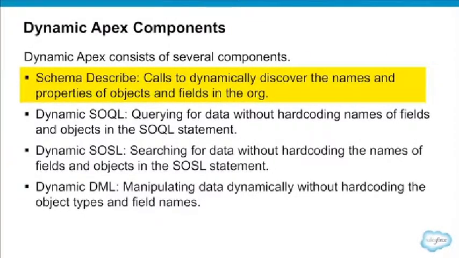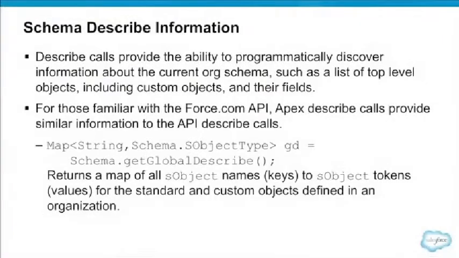Those two aren't too different from what we've already talked about, but schema describe is something we have not talked about. Schema describe is for programmatically inquiring about your data model. It gives you the ability to return all of the pick list values for a pick list.